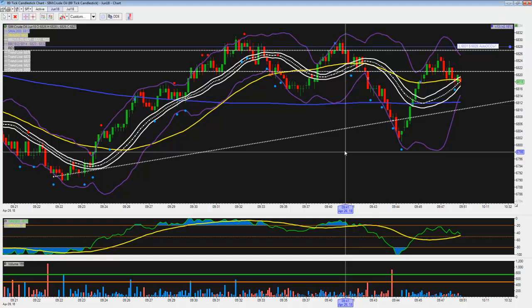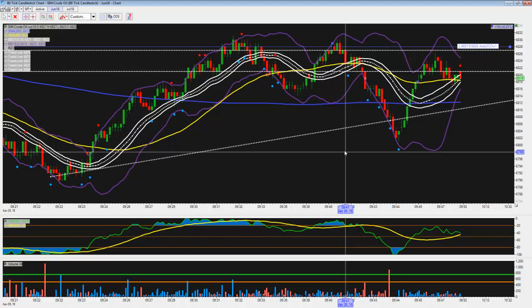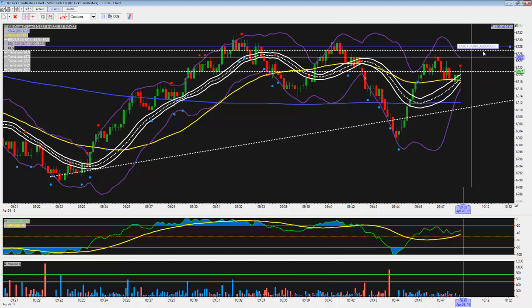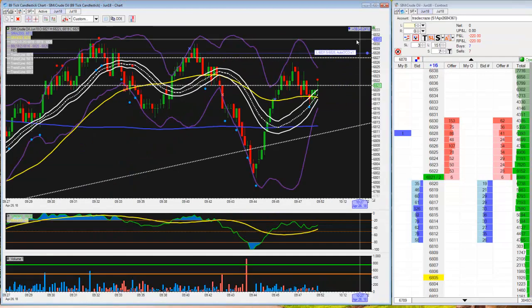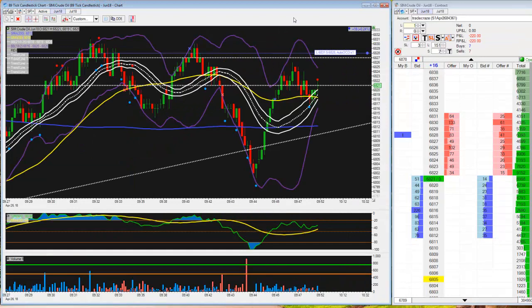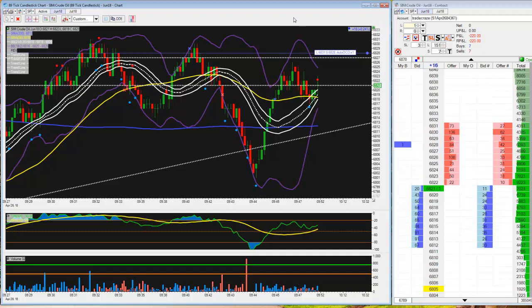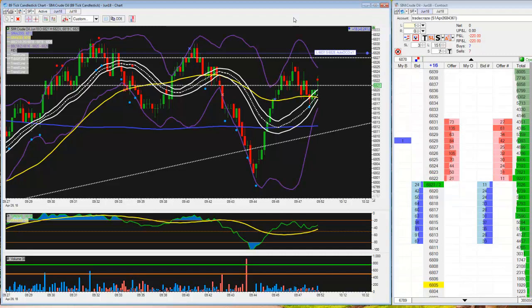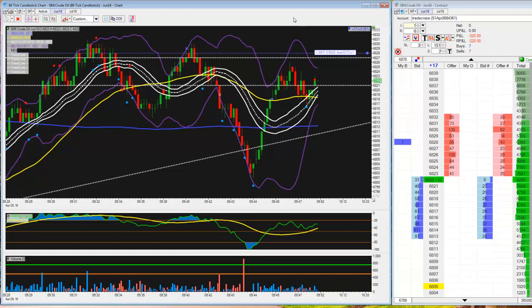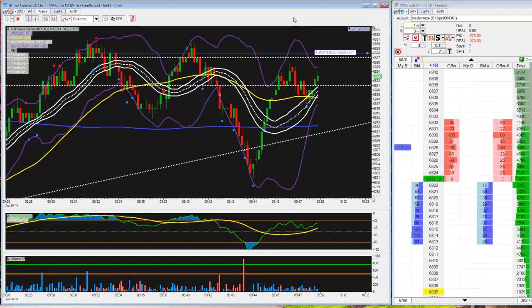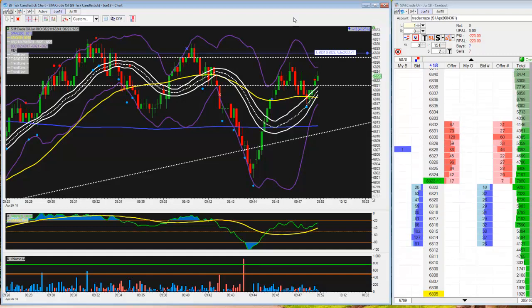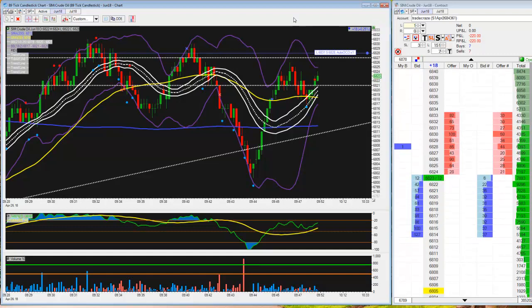And our 200 bar line still holding on the 15-minute chart. 69.30 is our target on the up. Our GAN signal is 69.30 today.